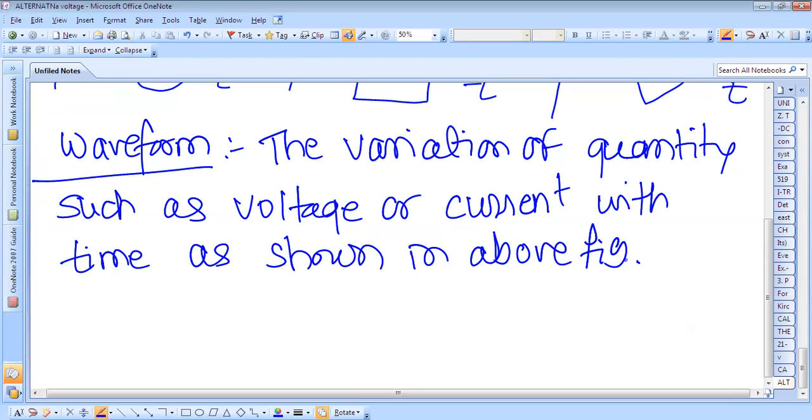So the variation of a quantity such as voltage or current with time, as shown in the figure, is called the waveform.